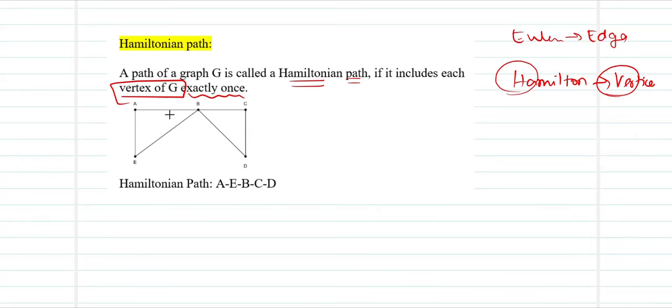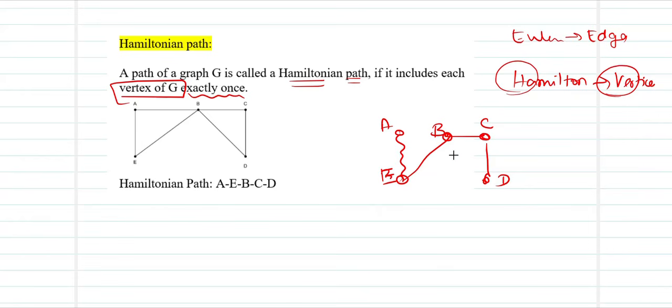Now you see that I start with A, I go to E, then I go to B, and then from B I go to C, and from C I go to D. So I am moving through A, E, B, C, D. How many times? Exactly once. And have I left out any vertex?